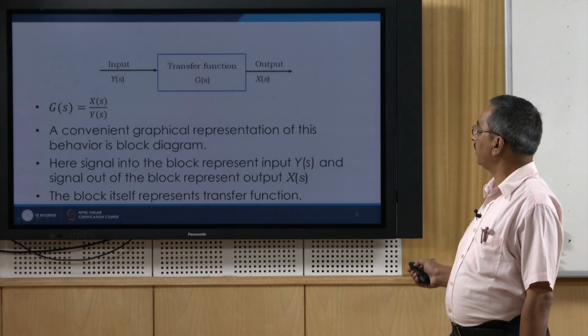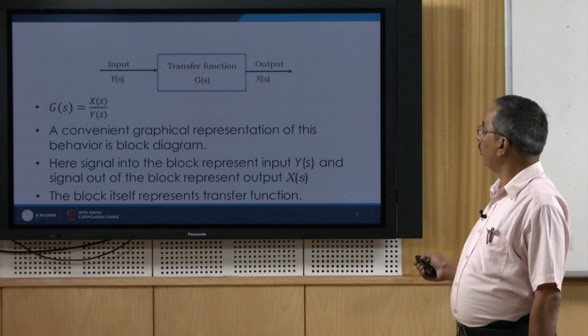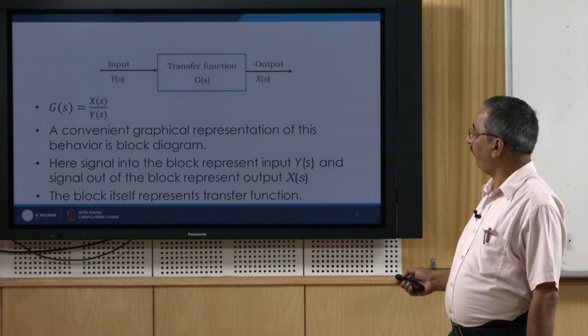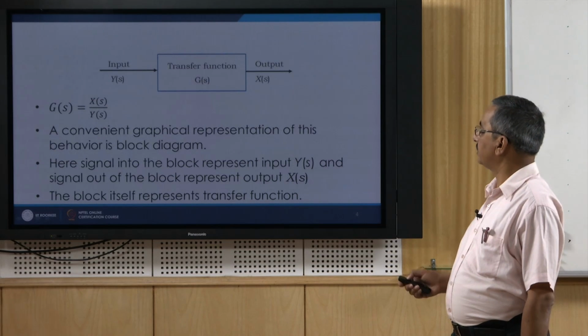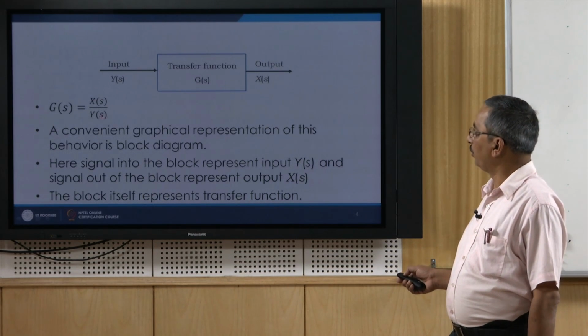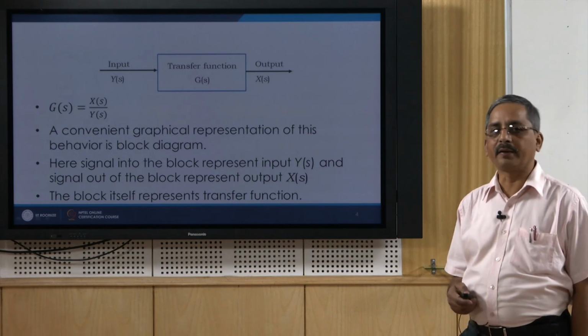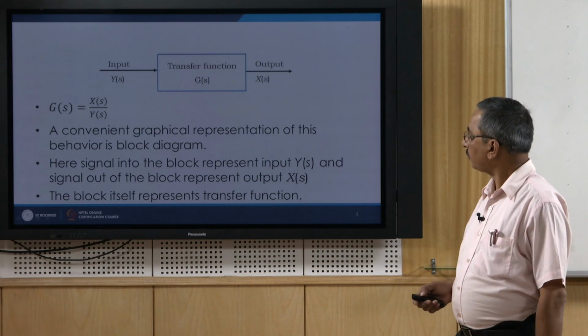Of course, Y(s) and X(s) are the Laplace transforms of the input and output signals. Then we define G(s) as X(s) upon Y(s), that is, the ratio of the Laplace transform of the output signal divided by the Laplace transform of the input signal.